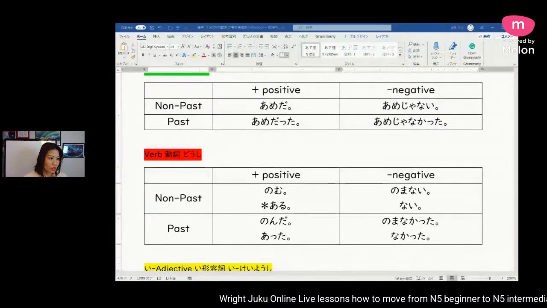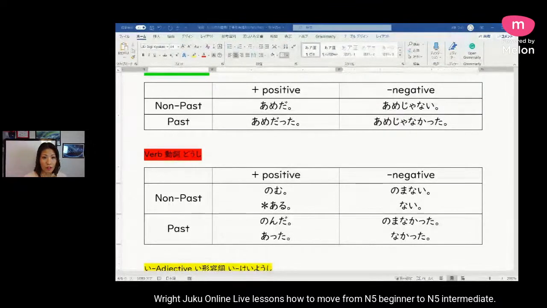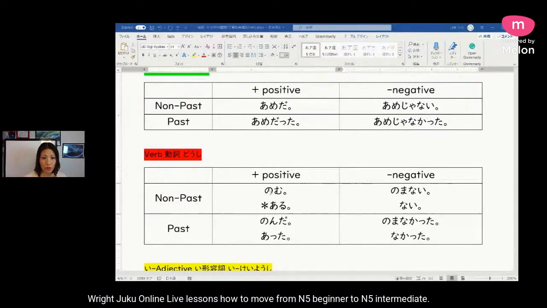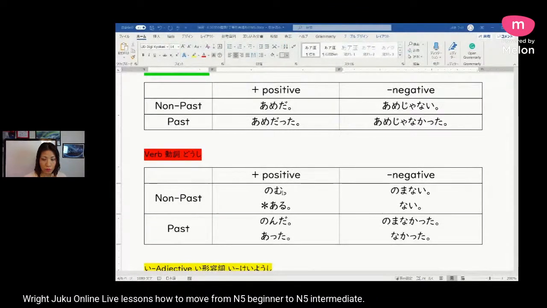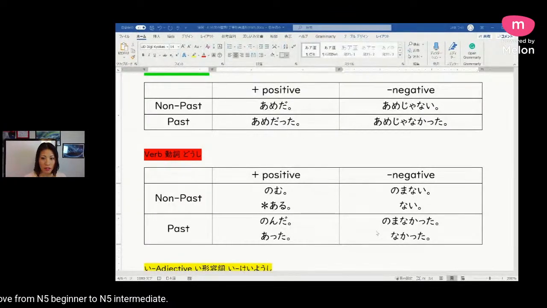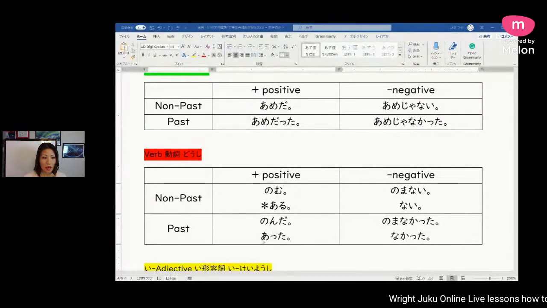Yeah, that's correct. For the verb, plain form, non-past, 飲む, negative, 飲まない, past tense, 飲んだ, negative past, 飲まなかった. For the exception, ある, negative, ない, past, あった, negative, なかった.